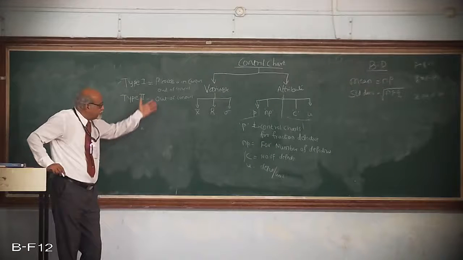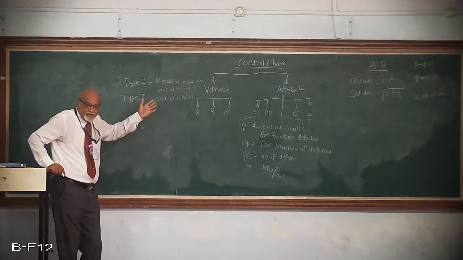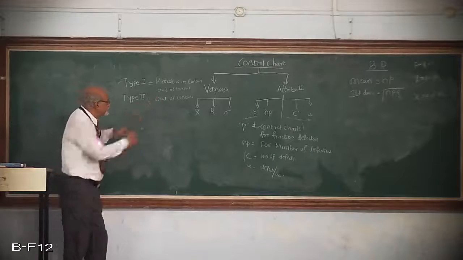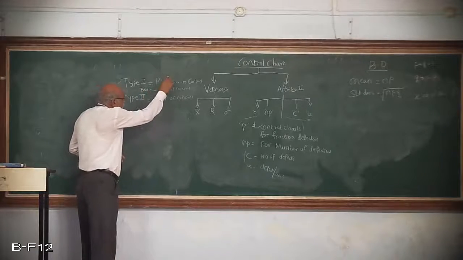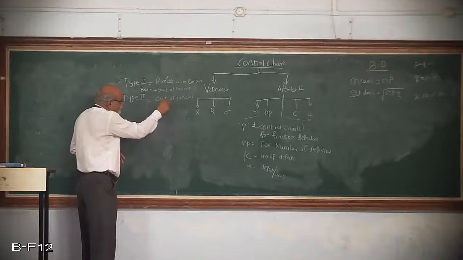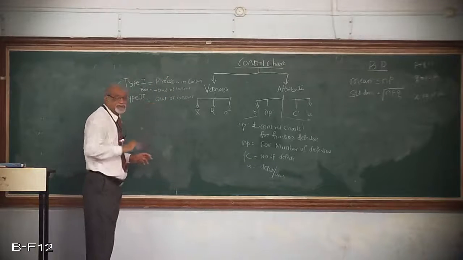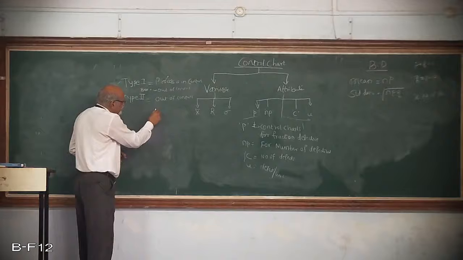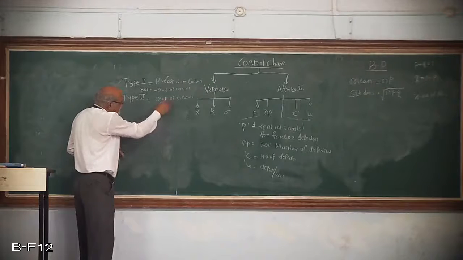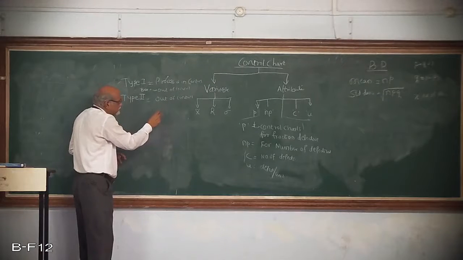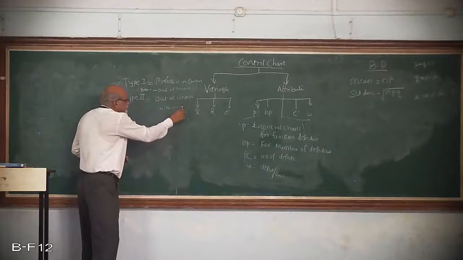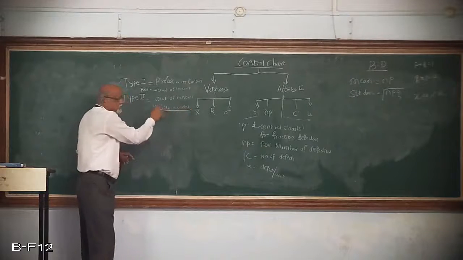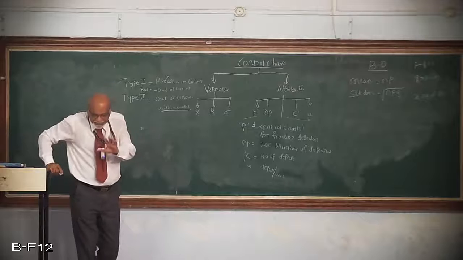In reality, it is out of control and producing bad items. But when I take a sample, based on the sample I say that it is within control. Which is not good, it is erroneous.